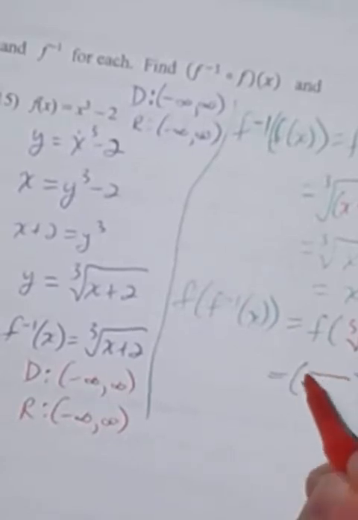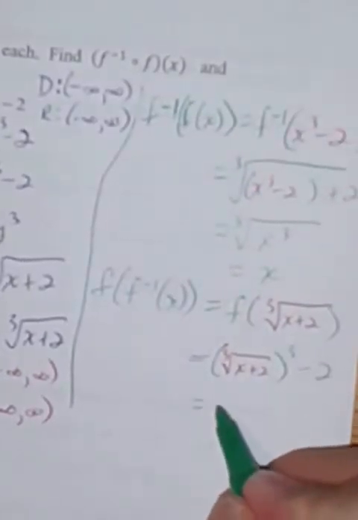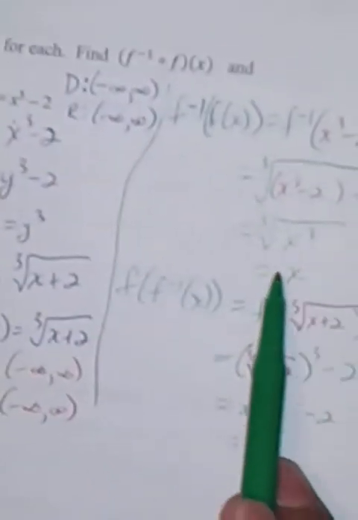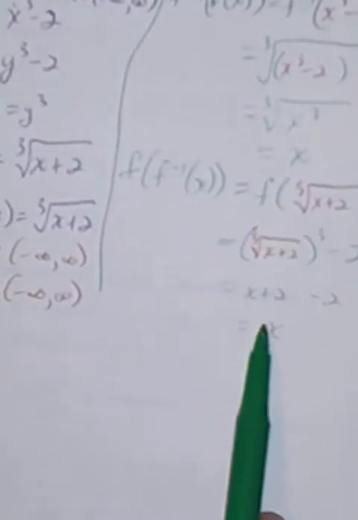All right, and the input is the cube root of x plus 2. So the cube root of x plus 2 cubed is just x plus 2. And then minus 2, x plus 2 minus 2 is x. And of course, f inverse of f of x should be x, and f of f inverse of x should also be x. Okay, so that was finding an inverse.